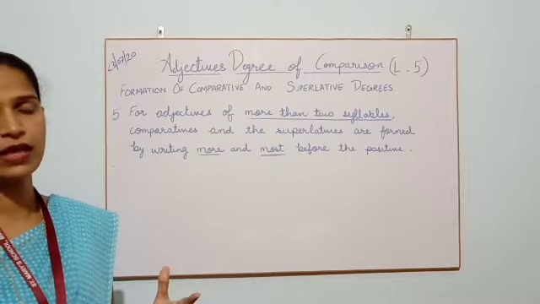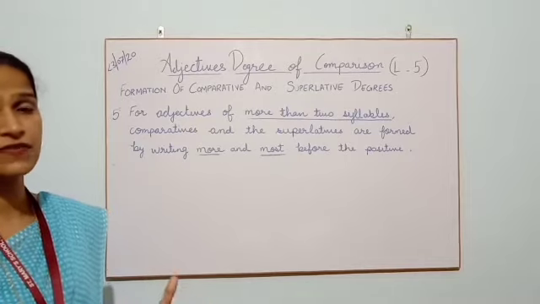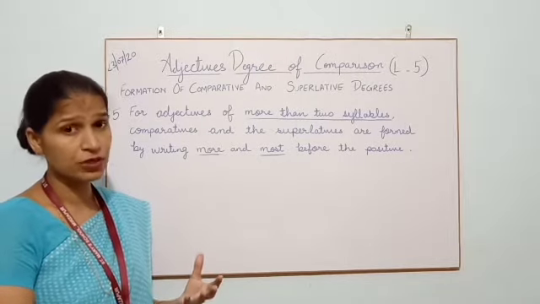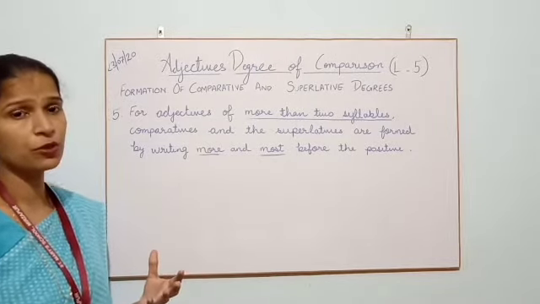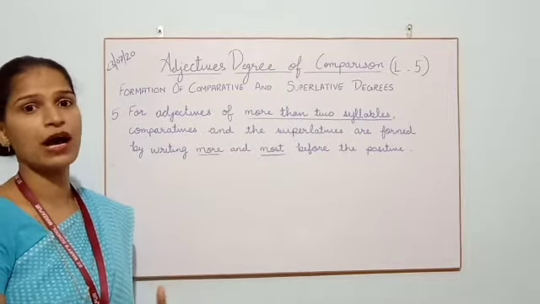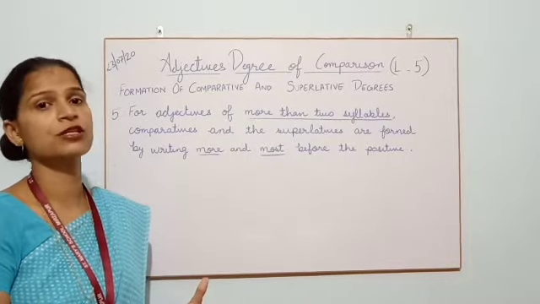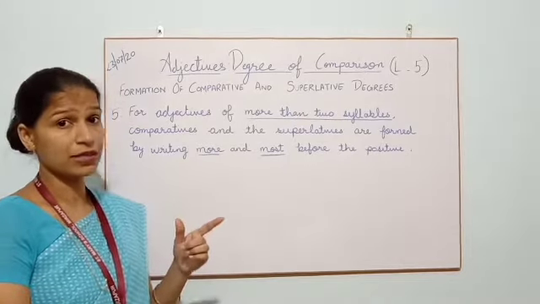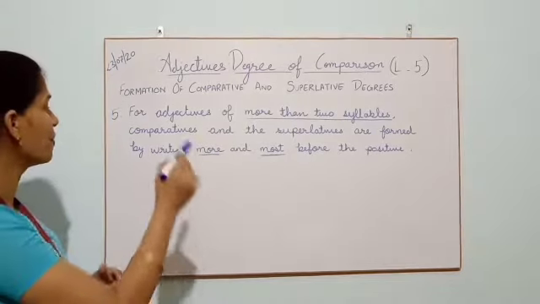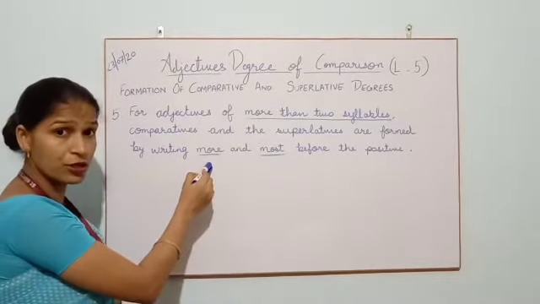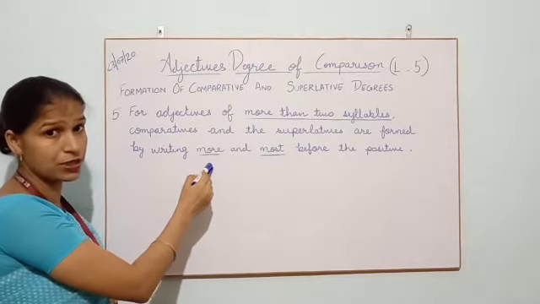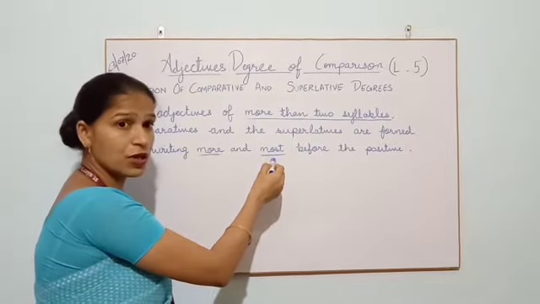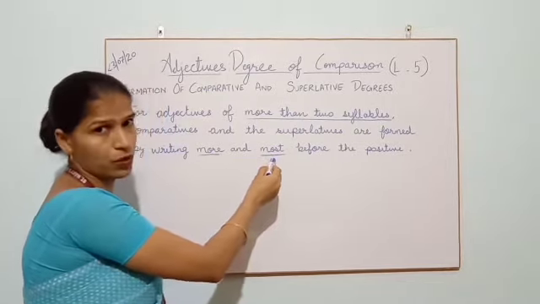Whenever you find that the adjective has more than 2 syllables, you are not going to add ER to the comparative or EST to the superlative, but you are going to add more to the positive word, and most to the superlative word.